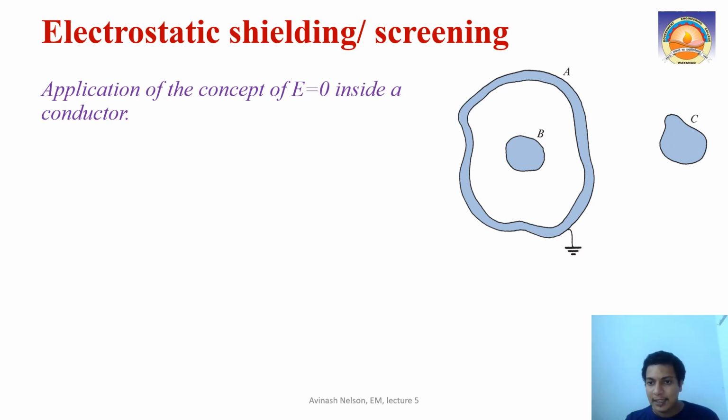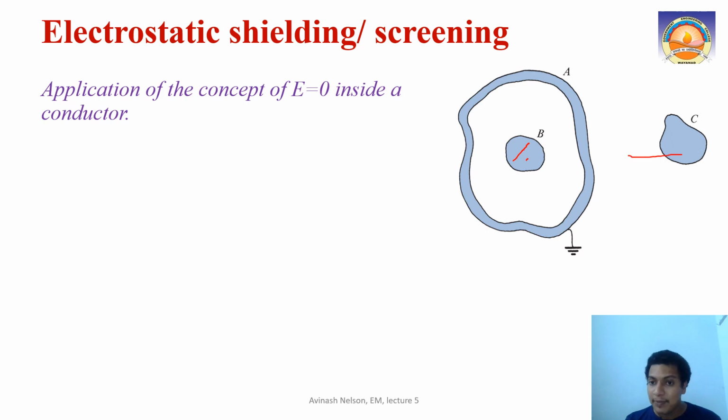So inside the small volume A, you have another smaller part B. In between you have something, and outside you have C. Normally you have some charge here and some charge here, and if A is not there, definitely the field inside B will be affected by the C part.